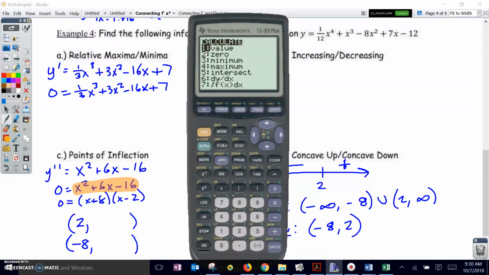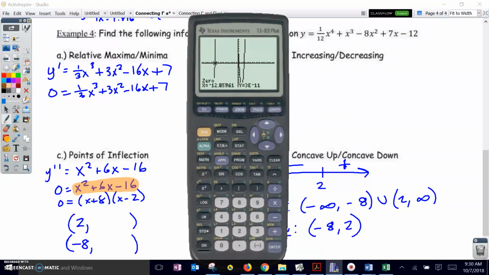Alright. Now I want to find the zeros. Put my left bound over at -19, because I know that's going to be to the left of this first 0. And let's get to the right. There we go.